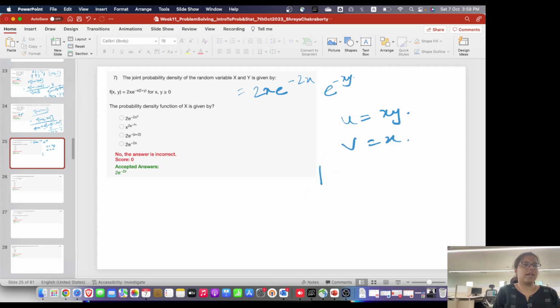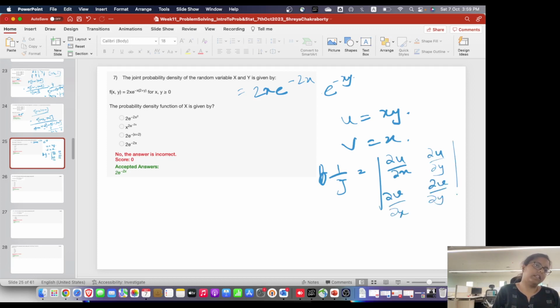So then 1 by Jacobian will be del u del x, del u del y, del v del x, del v del y, determinant of that. So here we would have y, x, 1, 0.